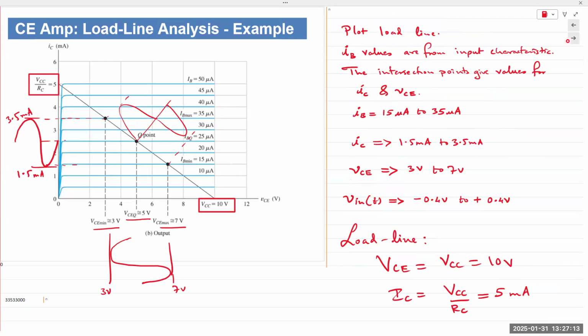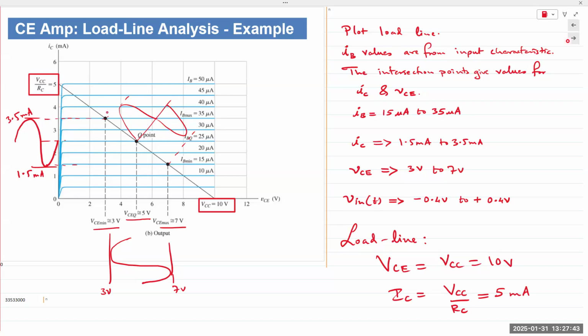So the plot at 25 is the one when V in is equal to 0. The plot at 15 is when IB is minimum, or when V in goes to minus 0.4 volts. And then the one at 35 is when V in goes to plus 0.4 volts, the positive half cycle.